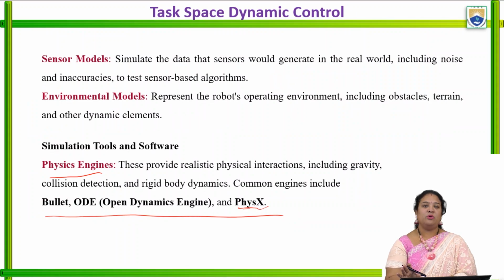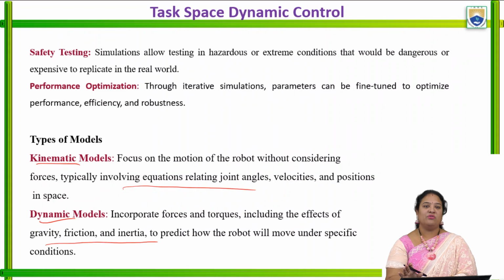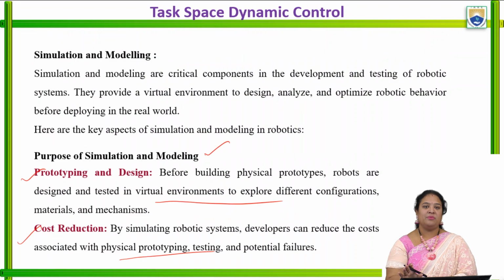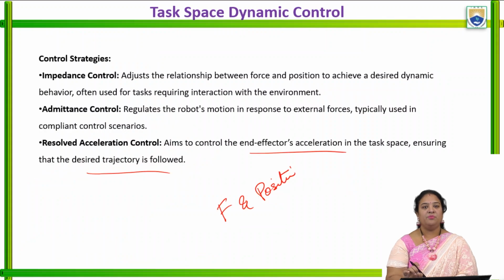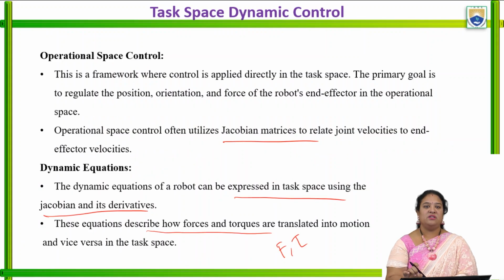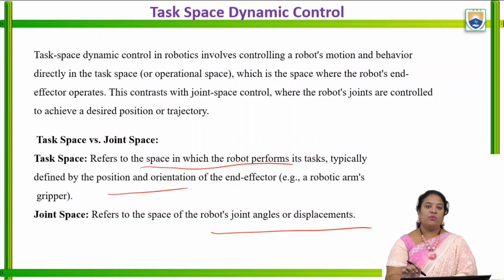We have seen the sensor models, environment models, the simulation tools and software, and different types of models for safety testing and performance optimization. We have learned about general simulation modeling, the exact purpose of simulation modeling, the control strategies and operation-based tasks, and what exactly task space dynamics is and the difference between task space and joint space. All that we have discussed in today's class.